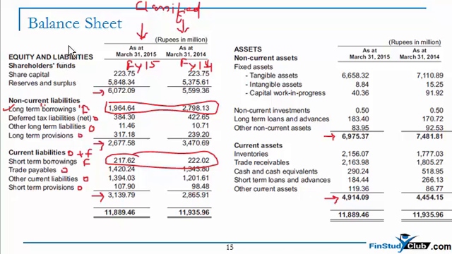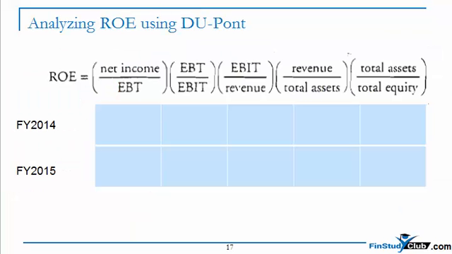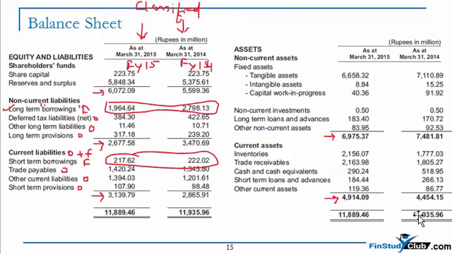So here is my calculator. For FY15, the total assets are 11,889 divided by the total equity of 6072. So 1.96 is coming as the number. So I'm going to write this 1.96, whereas the same number for last year, 11936 divided by 5599, is 2.13.